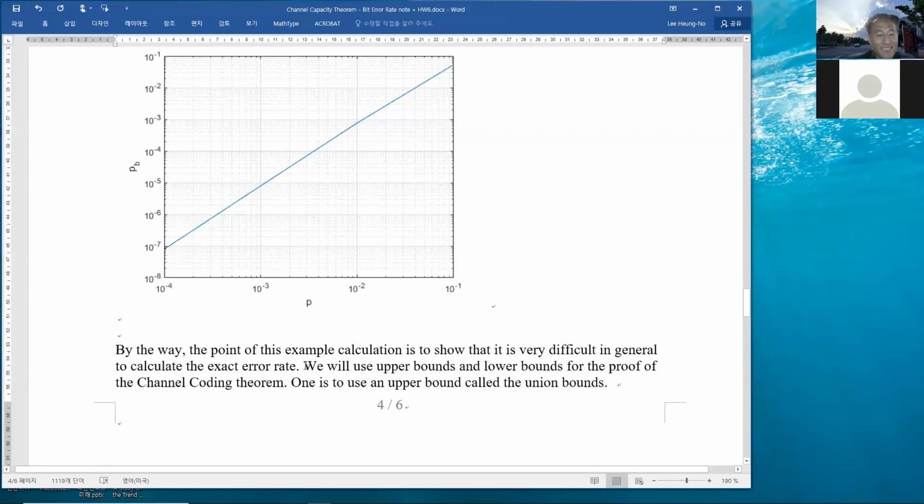But even though we cannot obtain the exact error rate, there is a way to prove the channel coding theorem. Basically, we can use upper bounds and lower bounds. If the probability of error is upper bounded, and this upper bound approaches 0, then surely the exact error rate will approach 0. We use such an argument to prove the channel coding theorem.